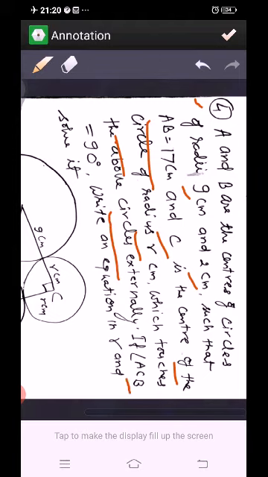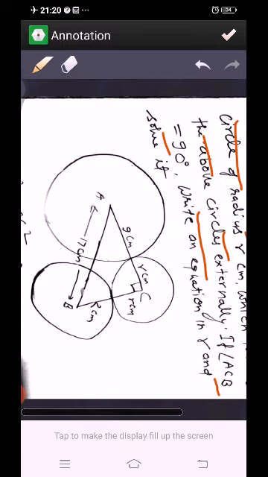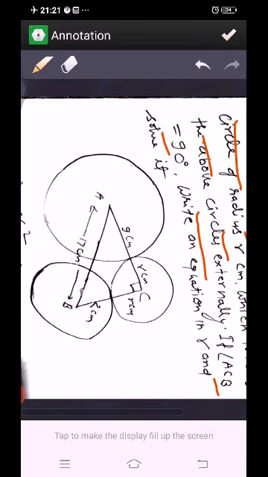If angle ACB equals 90 degrees, write an equation in r and solve it. So you see here these two circles are given with centers A and B. The radius of this circle is 9 centimeter and the radius of this circle is 2 centimeter. This circle with center C touches both the circles externally.